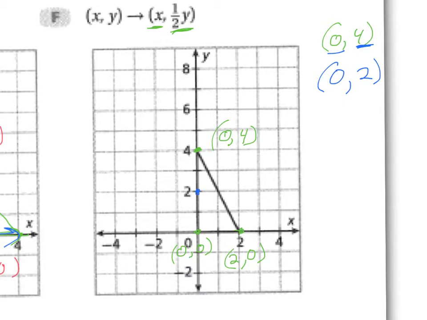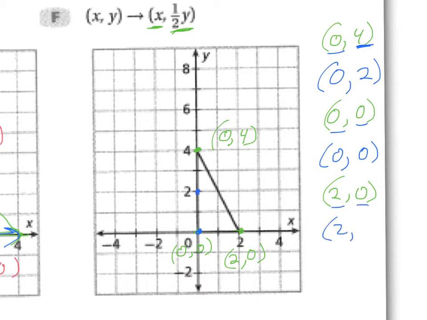0, 0. My x-coordinate stays the same. My y-coordinate, 0 times 1/2 is still 0, so that one doesn't change. And then 2, 0. Multiply, or x is going to stay the same. Multiply 0 times 1/2, which is still 0, so that one doesn't change.